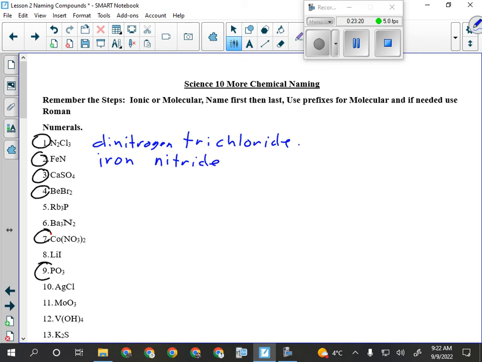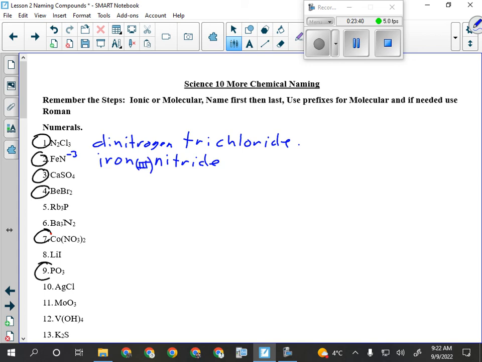Roman numerals. Needs Roman numerals. Iron has more than one possible charge, 2 or 3. So I've got to look to my non-metal, which has a -3 charge, to tell me what iron is. If they're 1 to 1, iron must be 3 plus. Okay, so we got iron 3 nitride for number 2.